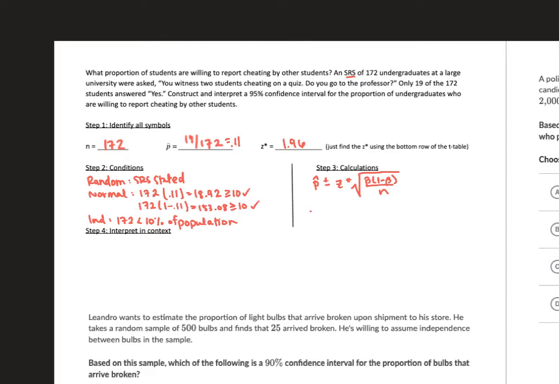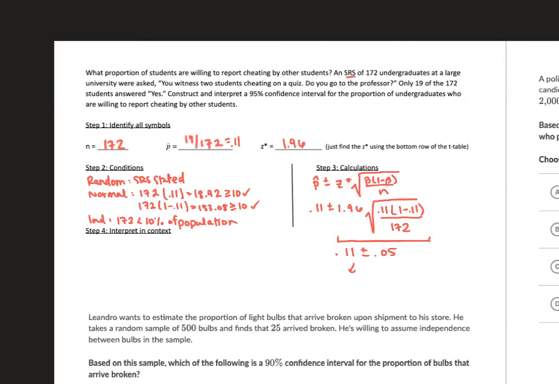So we have 0.11 plus or minus 1.96 times the square root of 0.11 times 1 minus 0.11 over n, which is 172. So we get a margin of error. This whole part after the plus or minus sign is about 0.05. So it's 0.11 plus or minus 0.05.